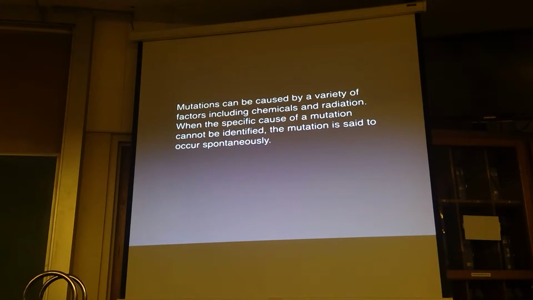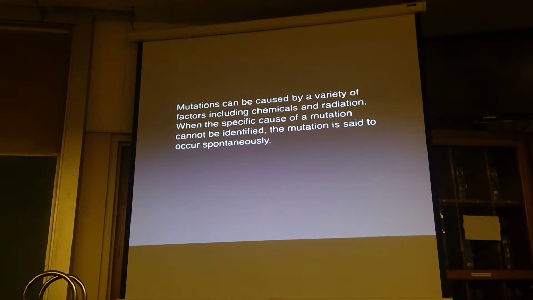Now, we're going to be looking at some factors that can cause mutations, some chemical factors, some physical factors. Again, this is a section where we're just touching the surface because there's so many things that can cause mutations. We don't have time to look at them all. Most of the time, you don't know what the mutation is coming from anyway. It's kind of like if you have an allergic reaction, and you go see an allergist, and they'll tell you, we don't really know what caused that reaction. You may never know.